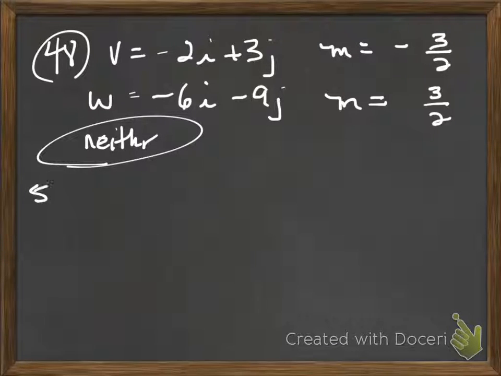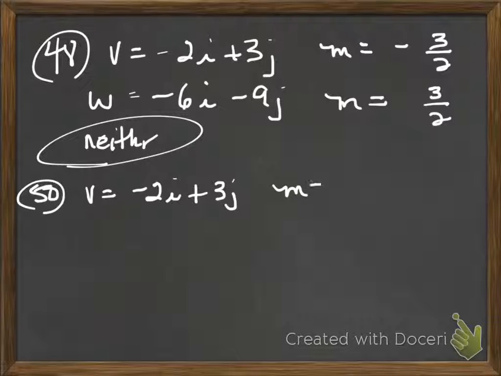So the last one is number 50. I have one of each situation. In 50, vector v is negative 2i plus 3j. So the slope of vector v would be what? Negative 3/2. w is negative 6i minus 4j.